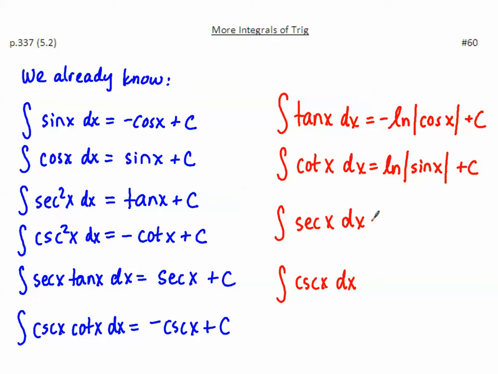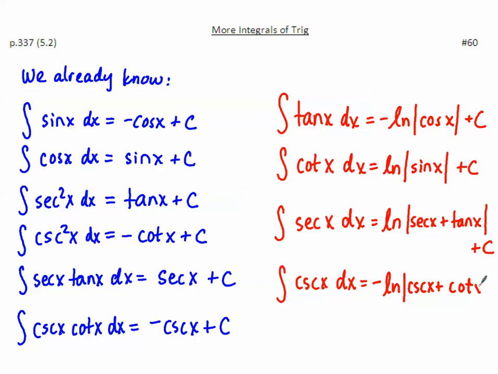The antiderivative of secant x is the natural log of the absolute value of secant x plus tangent of x, plus c. And the antiderivative of cosecant x is the natural log, oops, left out the negative. This one's negative. The negative of the natural log of the absolute value of cosecant x plus cotangent x, plus c.